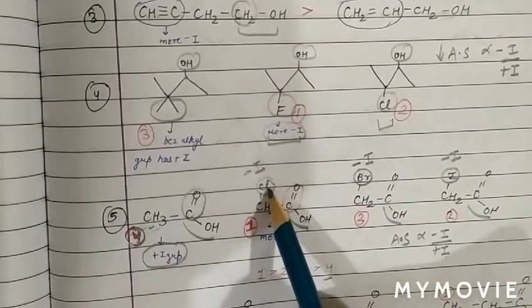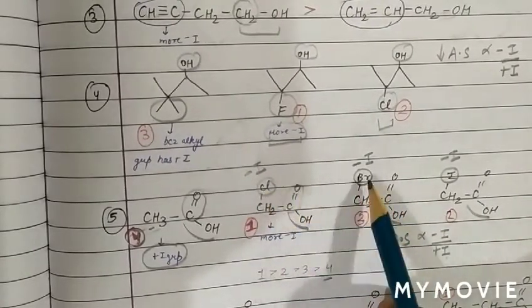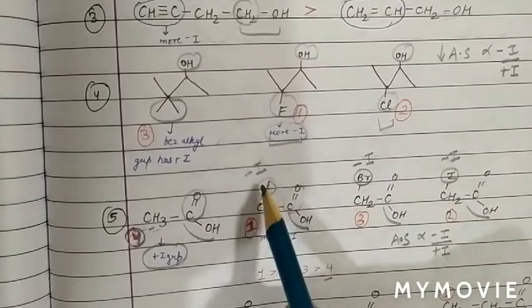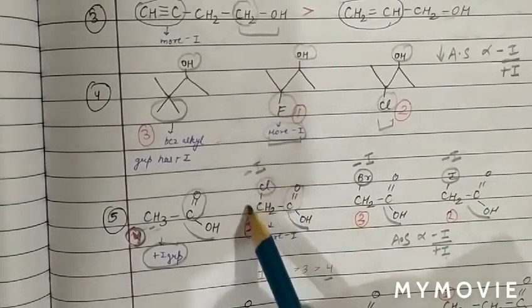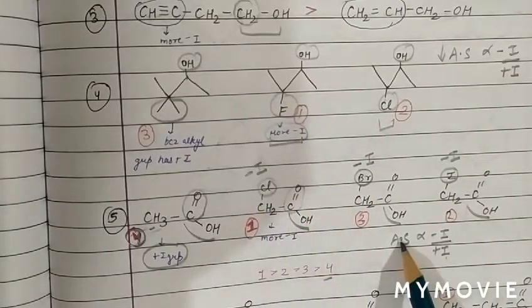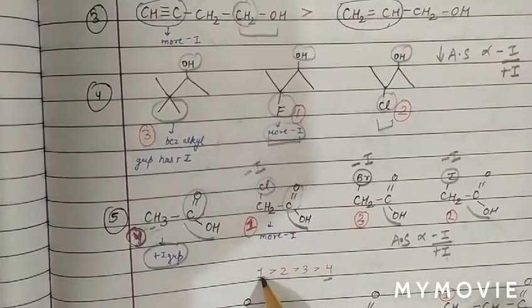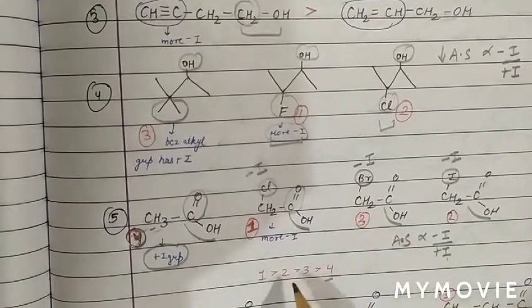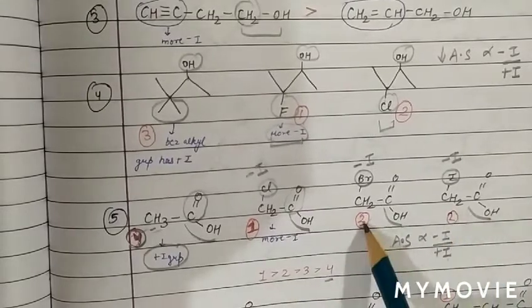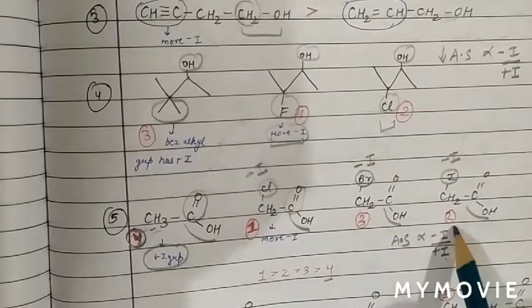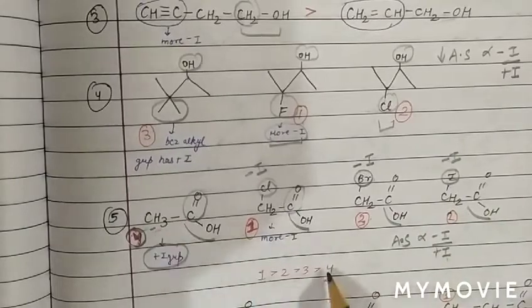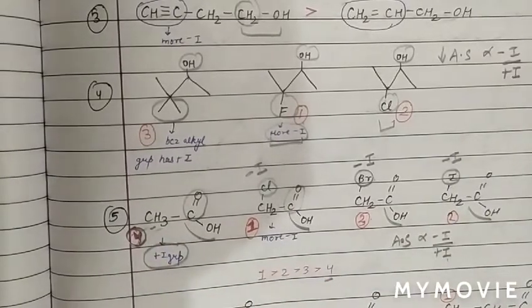So the minus I power of chlorine is more, then bromine, and then iodine. So more minus I effect means a stronger acid, because minus I is proportional to acidic strength. So if it is given first number, the acidic strength of first is more, then third, and then second, and least in case of fourth because of plus I.